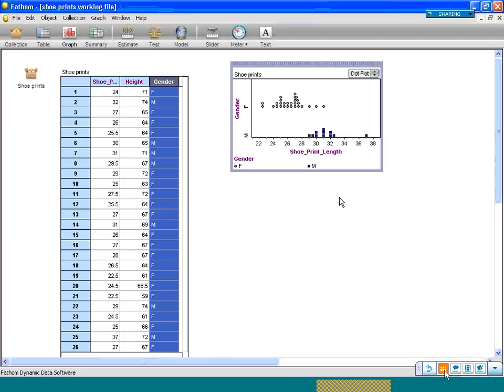Okay. Do we have any overlap between the two distributions? Yes. We do. So there are some footprint lengths that might not clear up the issue for us very well if we just focus on shoe print lengths.